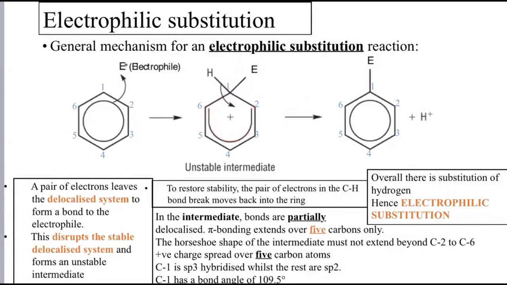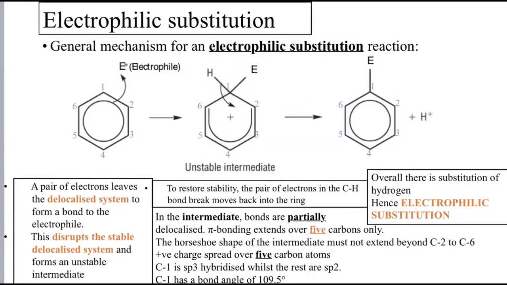Since the electrophile sits on carbon number 1, delocalization only extends from carbon number 2 to carbon number 6, with a positive charge. And to restore the delocalization, electrons have to come from the carbon-hydrogen bond to be donated to the positive charge.